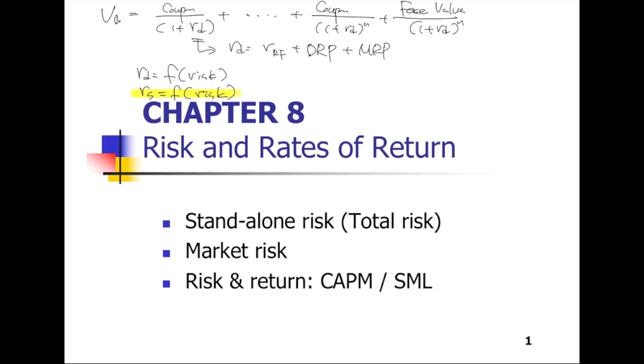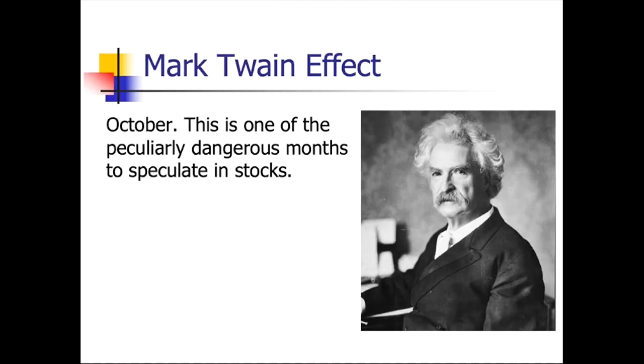So let's learn together. Before learning the risk and return relationship in stock, I would like to show you one interesting story, the Mark Twain effect. He is a novelist in the US, right? The Adventures of Tom Sawyer, right? He suggested one effect. October, this is one of the peculiarly dangerous months to invest in stocks.